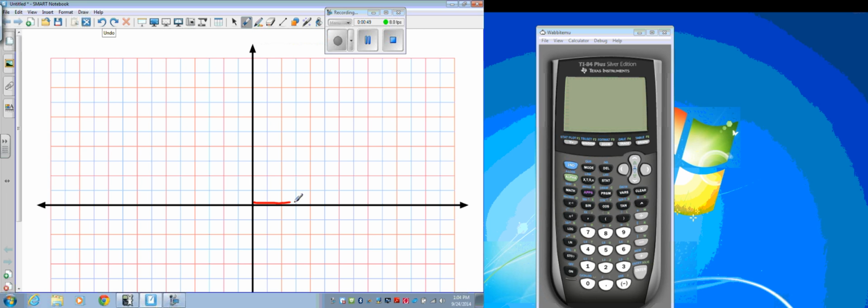This is our initial side. And which way was positive angle? It's counterclockwise, isn't it? This is a positive angle.